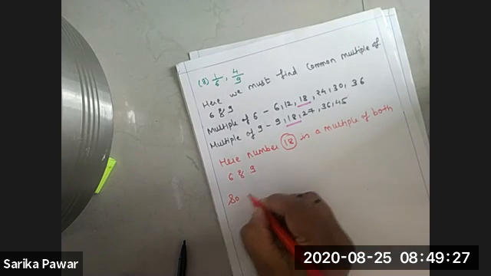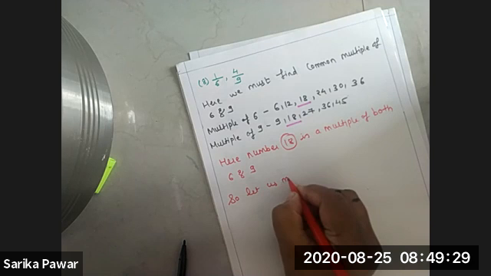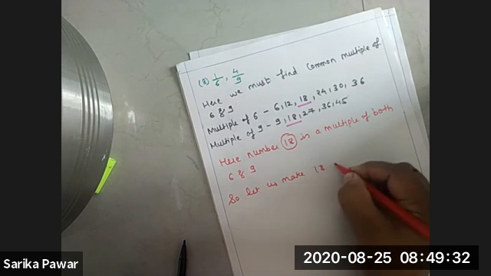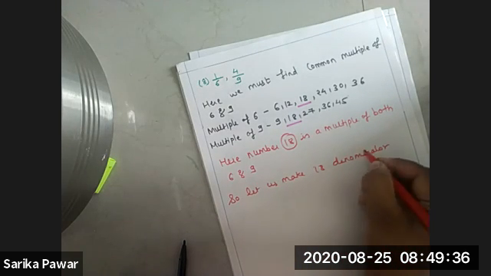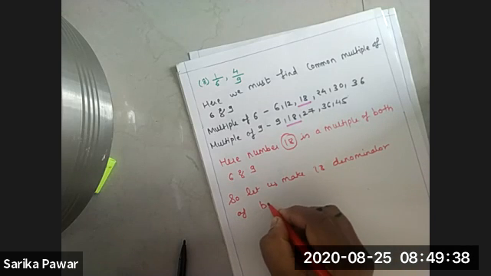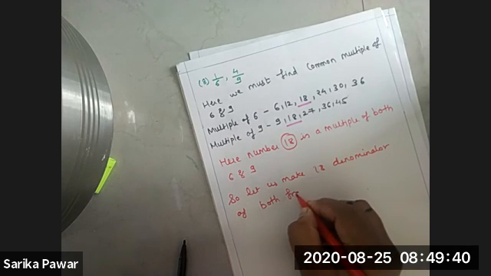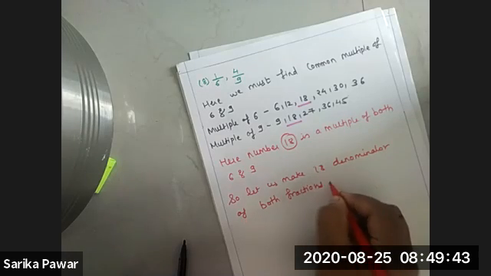So let us make 18 the denominator of both fractions. Right?